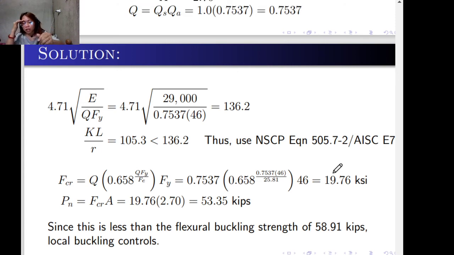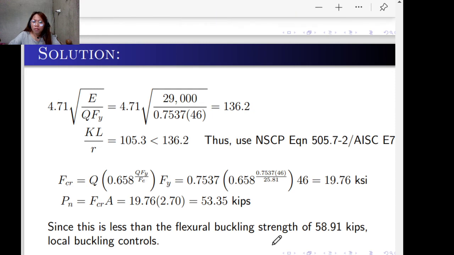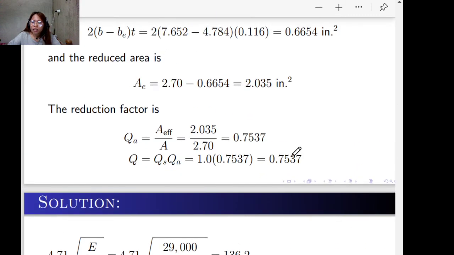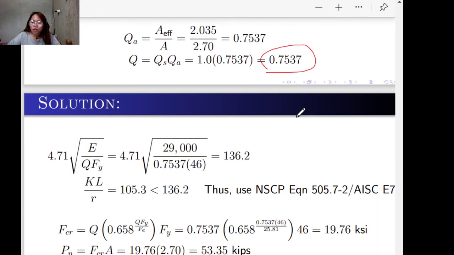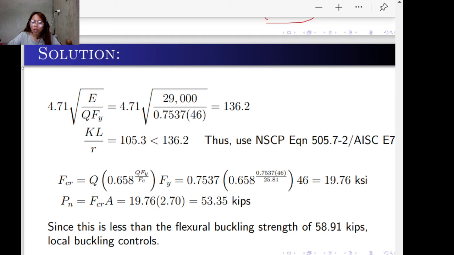But this problem is also in the book of Segui 2013, no? Then, since we already computed this Q, substitute this Q for this equation, right?